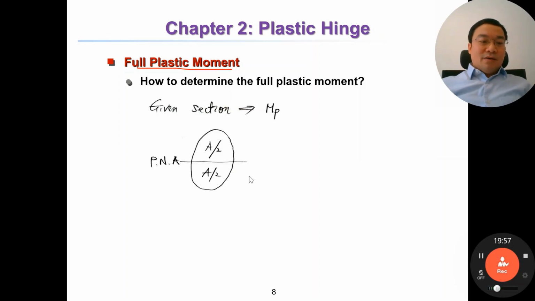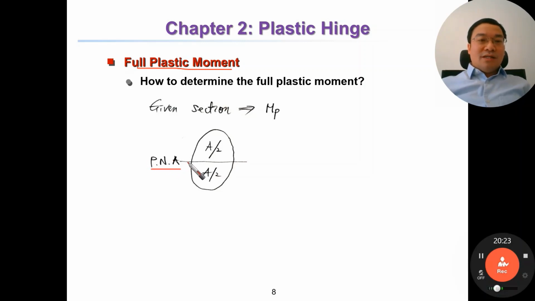Mp can be calculated by this procedure. First, you have to determine the PNA. PNA means plastic neutral axis. We have elastic neutral axis and plastic neutral axis. It is different.